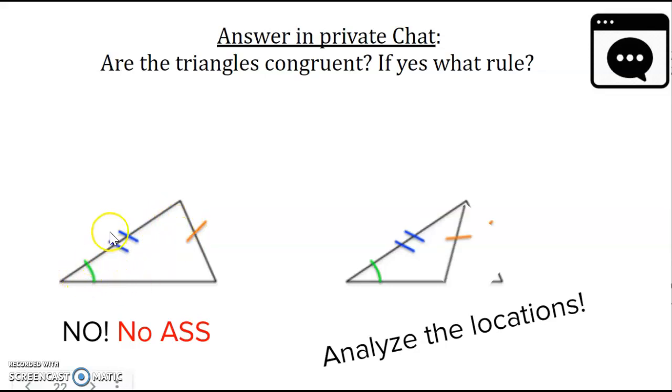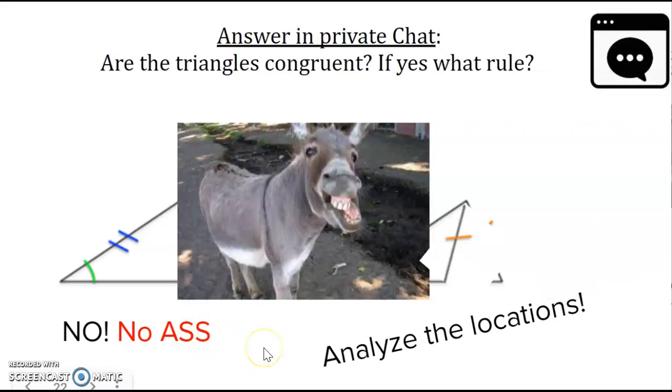But if it's angle, side, side, if it's not an included angle here, then that spells ASS, and that's a bad word, and that is not a congruent shortcut. And so if you ever tell me that ASS is a congruent shortcut, I am going to throw a donkey at you. E-oh.